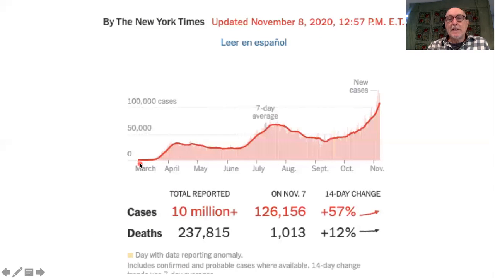We started off at the beginning of the year with the first entry, probably late January. It's not exactly clear when. Very, very few cases, and then very rapidly an increase during the spring. This was the spring burst. Now this is nationwide.